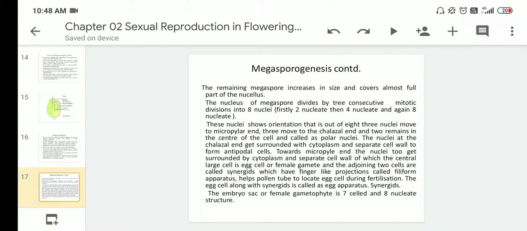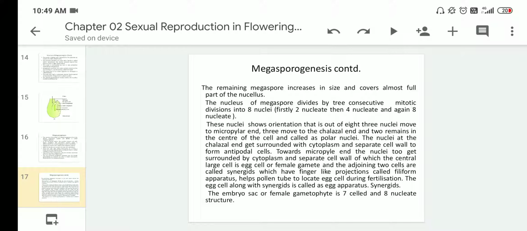The nucleus of the megaspore divides by 3 consecutive mitotic divisions. 3 consecutive mitotic divisions means first division, then second division, then third division.